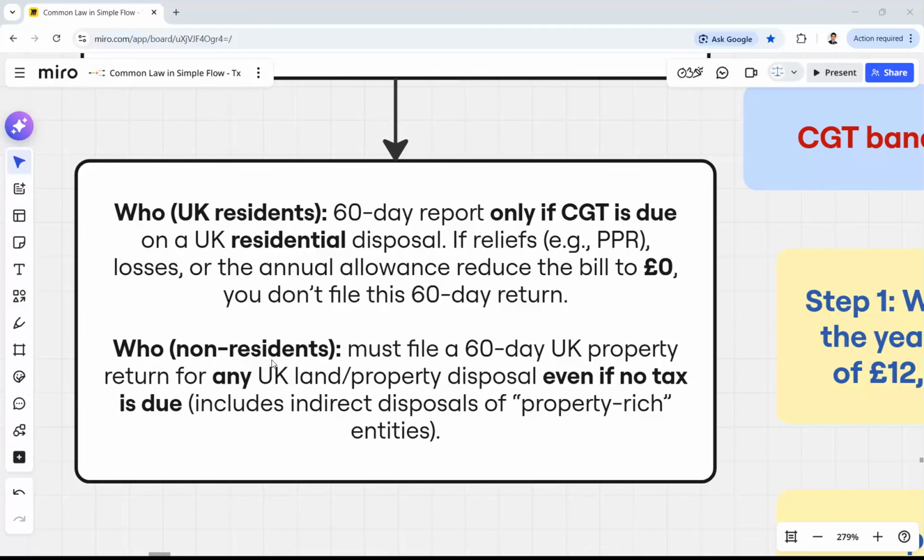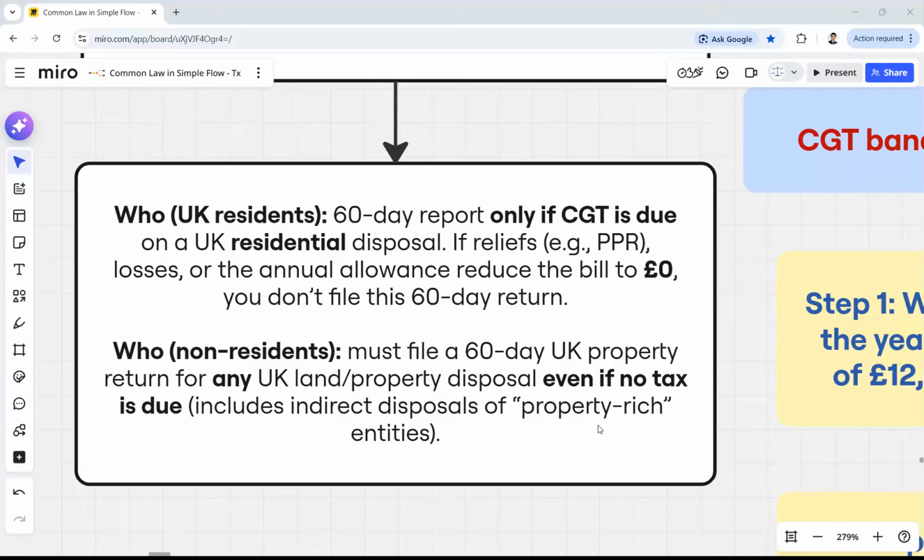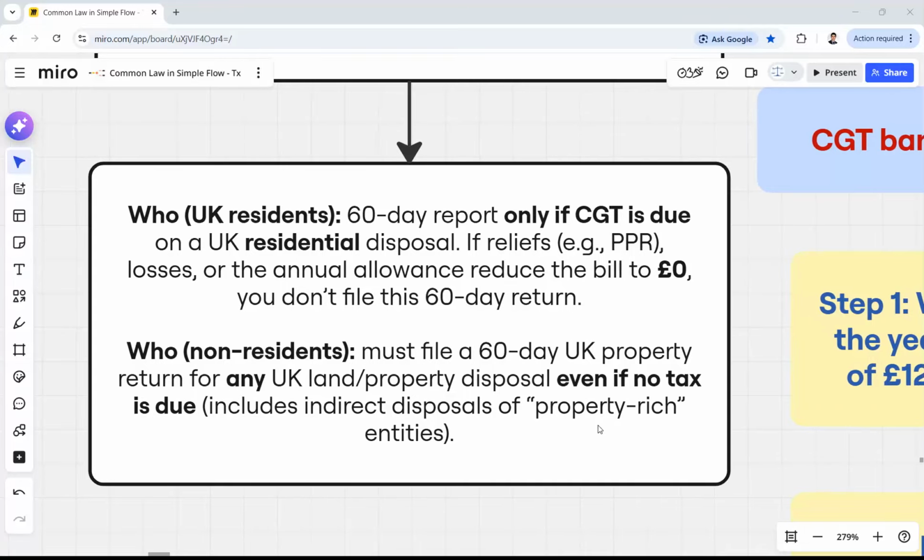But when we're talking about non-residents, they must file the 60-day UK property return for any UK land property disposal, even if no tax is due. It includes indirect disposals of property-rich entities. Property-rich, if I'm not mistaken, means properties whose value is built from 75% of UK-based gains.